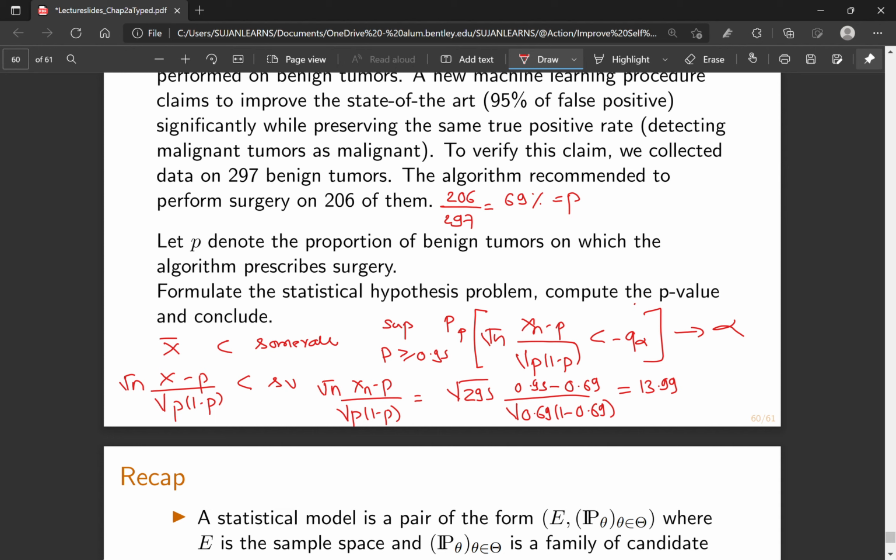Now let's find that. Let's use our calculator here. The maximum value we have here.